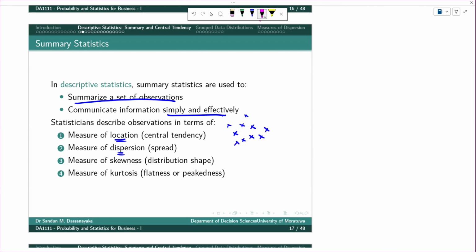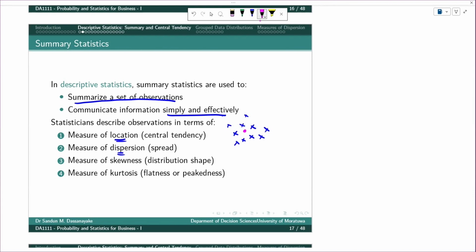So central tendency is where the data set is more or less centered around, the point of central importance. They can be spread in space or in terms of different variables, but the location, the central tendency, is where the data points are mainly located.